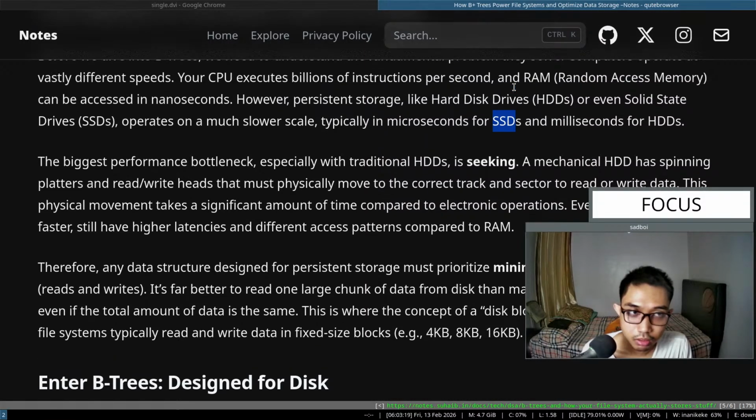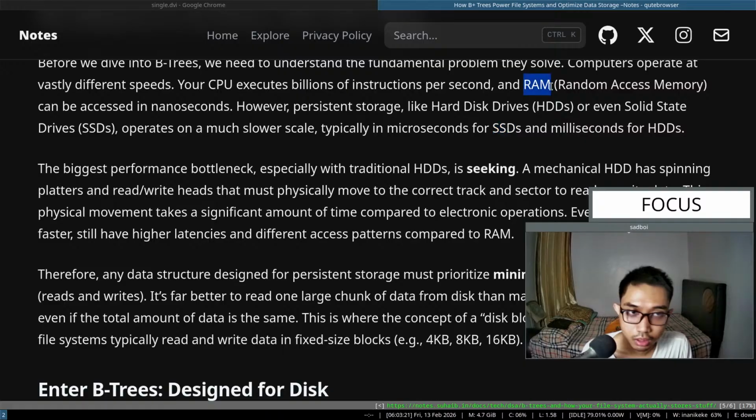Is it because RAM does not really store persistent data, so we can make it fast? But for SSD, we need to make sure that the data stays for a long period of time.